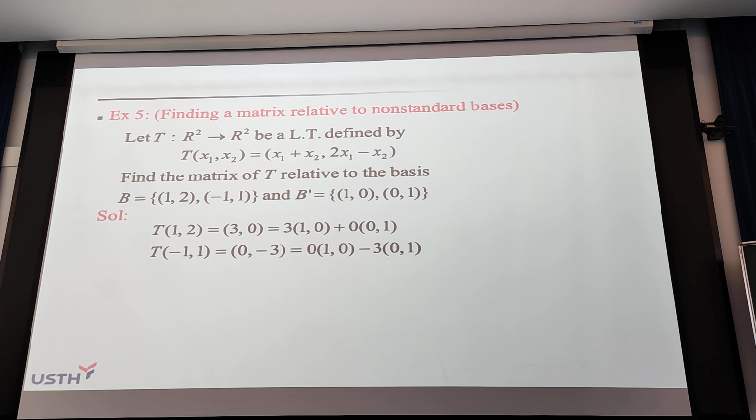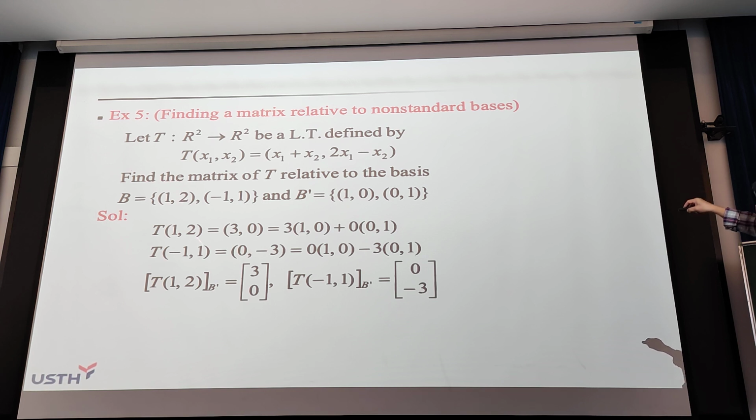Now, you can do it step by step. The first one, T of Z1 equals C0. But C0 now is C times Z1. 0 times Z1. And T of minus 1 will be. Then you get T of the first vector here, whose coordinate in B prime will be Z1.